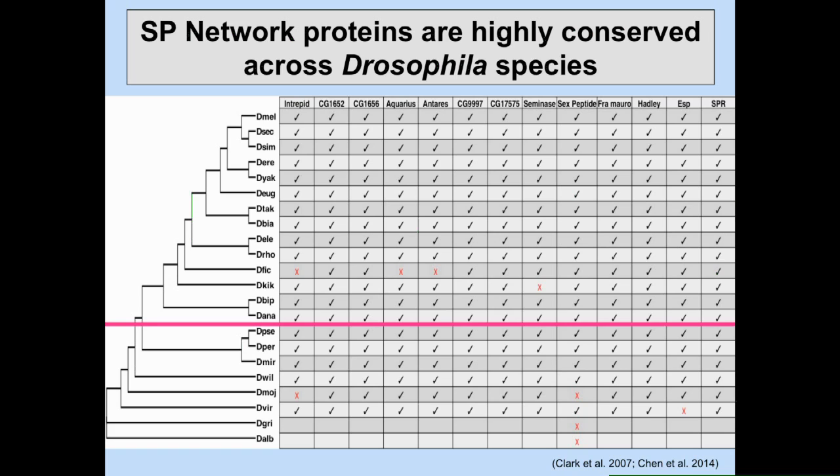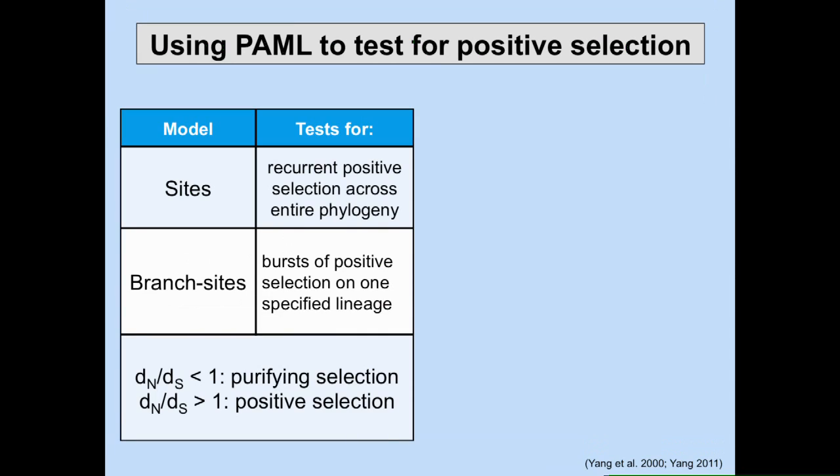Those species with sex peptide receptor in the female reproductive tract are represented by species above the pink line. Given that these genes are so prevalent in these species, it implies possible conservation of these network proteins even prior to the appearance of sex peptide receptor in the female reproductive tract.